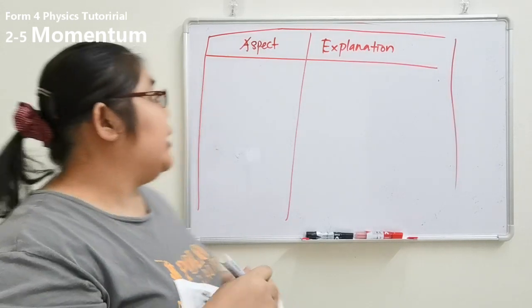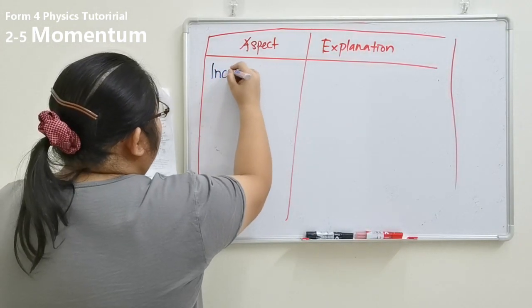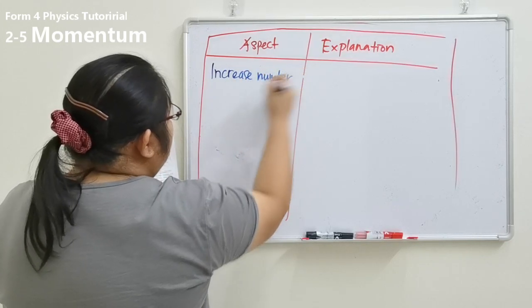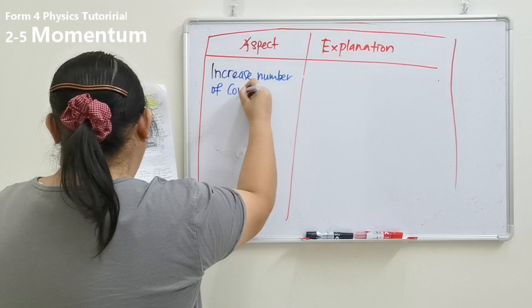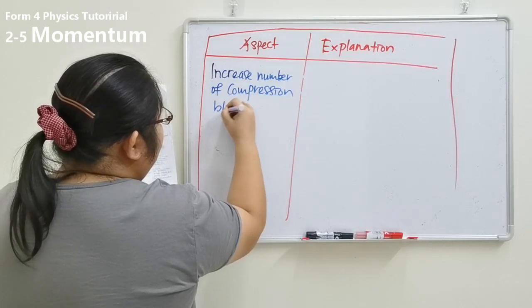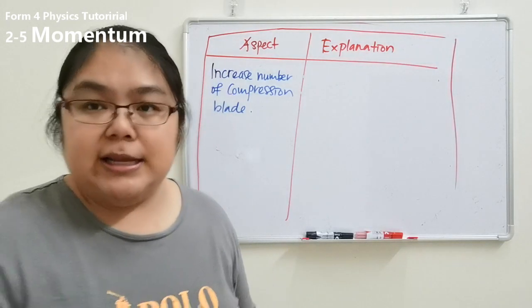Okay, so for the aspect, we now write: increase number of compression blade. Don't mention how many, just increase enough.